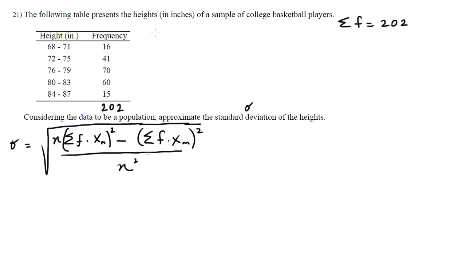I need the midpoints for each of these intervals. To find the midpoint, add the limits, divide by 2. So 68 plus 71 divided by 2, that's 69.5. 72 plus 75 divided by 2, 73.5.